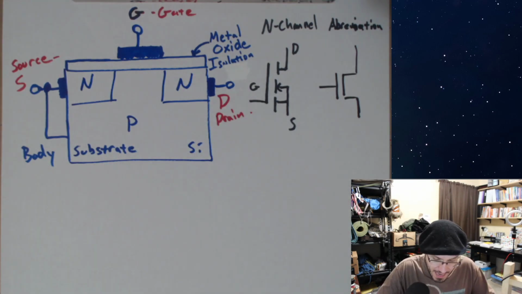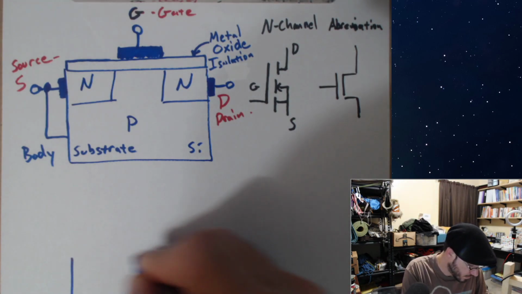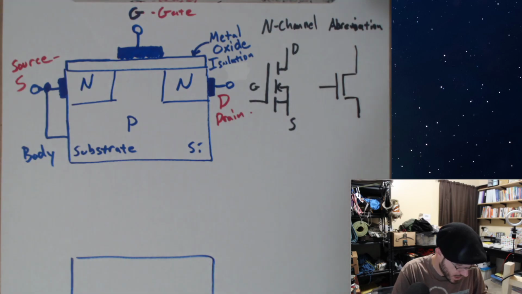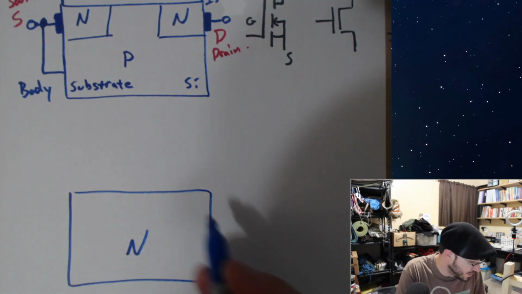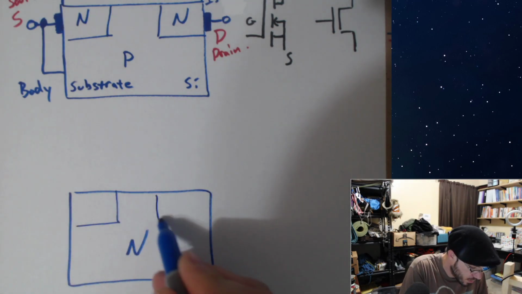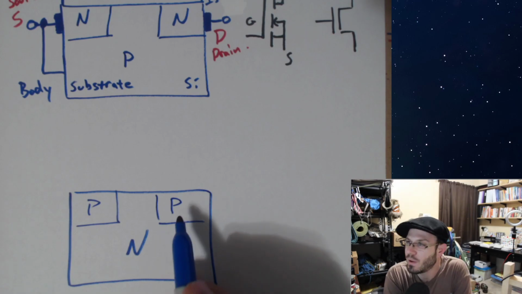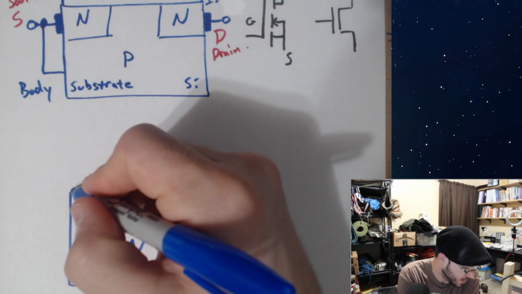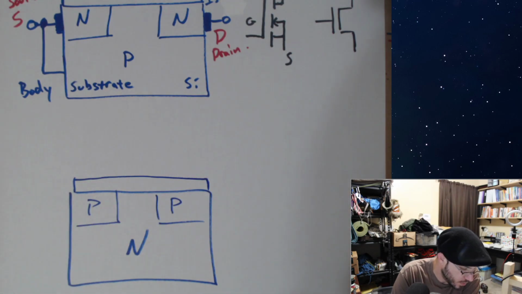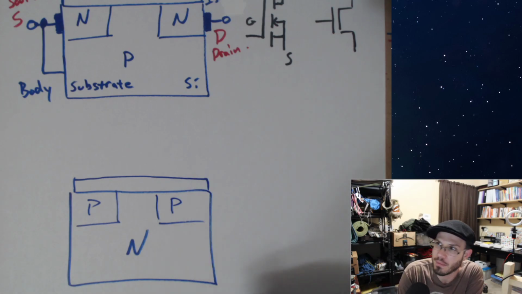Now let's make a P-channel MOSFET. It's almost the same thing, except you're going to have an N-type substrate and 2 P regions, and we call these wells. You still have that metal oxide insulation. That's kind of the defining feature of a MOSFET.